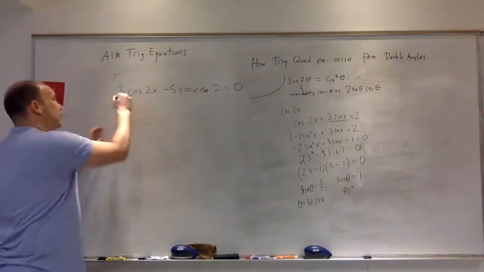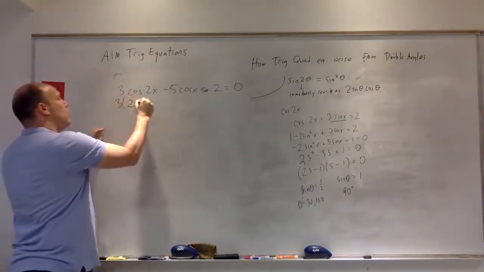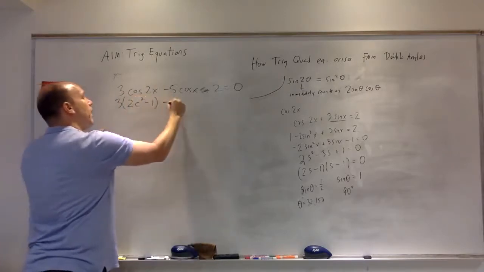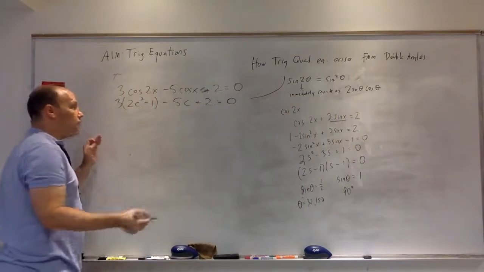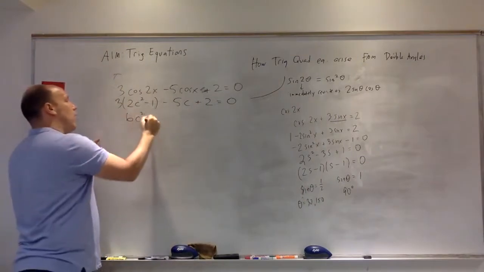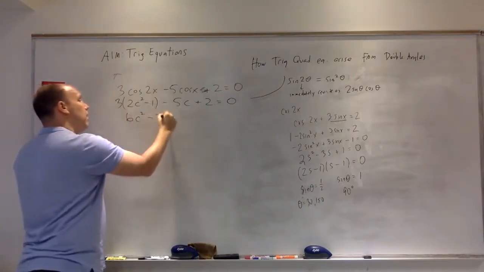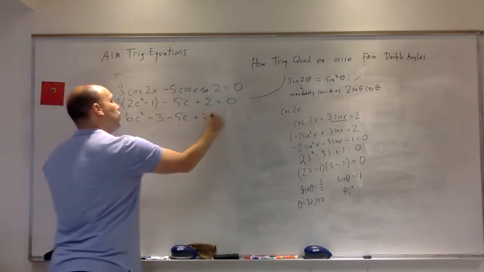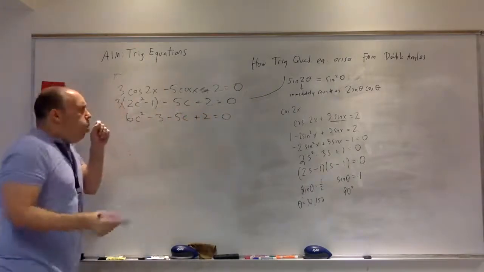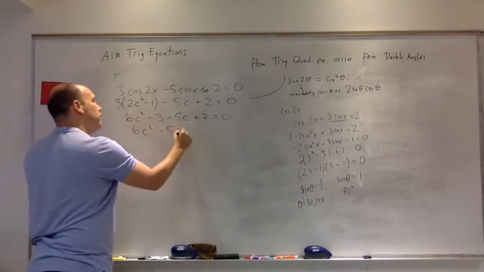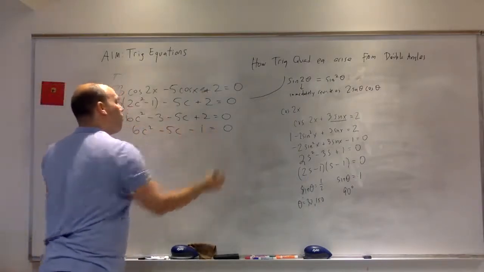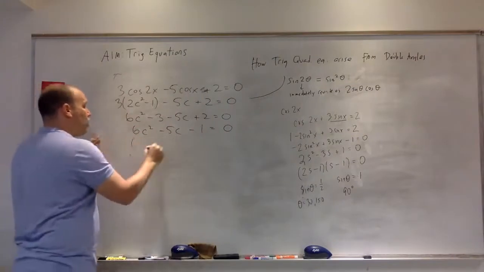Let's change this: 3 times 2 cosine squared minus 1, minus 5c plus 2 equals 0. So 6c squared minus 3 minus 5c plus 2 equals 0. 6c squared minus 5c minus 1 equals 0. Factor.